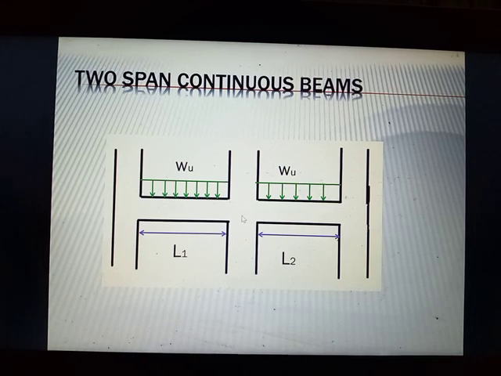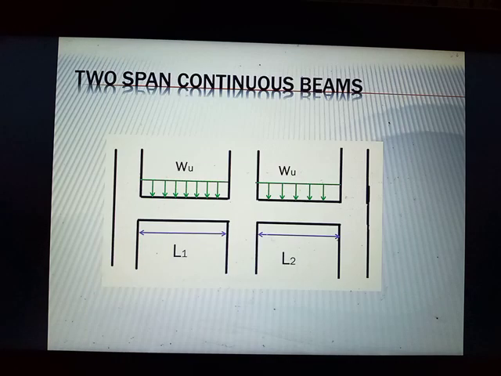Do not use the length of your beams center to center from your columns, but the inner span, the inner edge of your column supports, or in some cases girder supports. It should be the clear span.